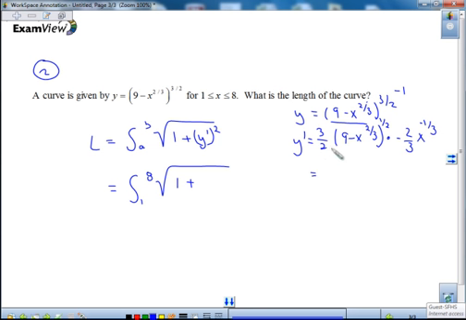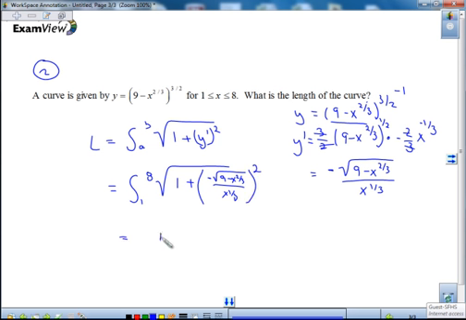The 3's will cancel out and the 2's will cancel out. So negative square root of 9 minus x to the 2/3 all over x to the 1/3. And don't forget we need to square that. If I use my calculator, I should get 13.5.